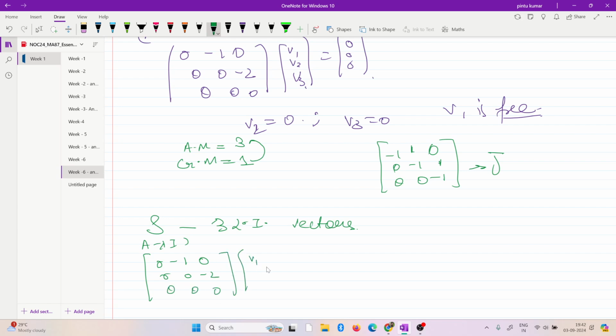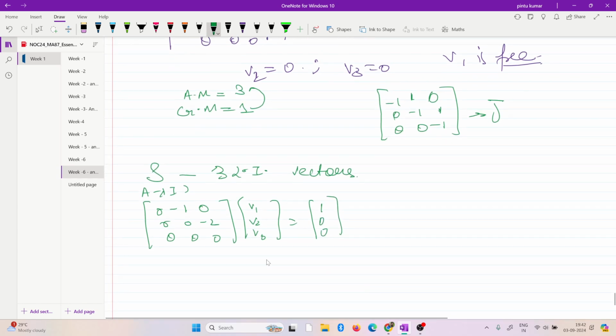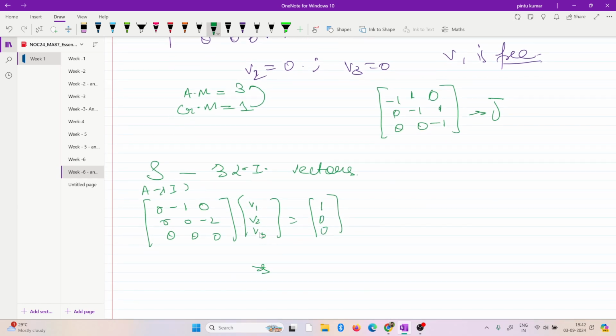This multiplied by some V1, V2, V3 is equal to your eigenvector, which is 1, 0, 0, right? So what does this give us? This gives you minus V2 is equal to 1, or V2 is equal to minus 1, V3 is 0, and your V1 is independent.